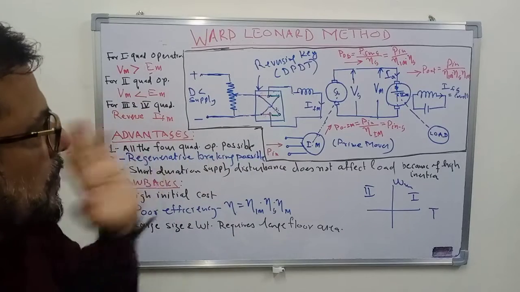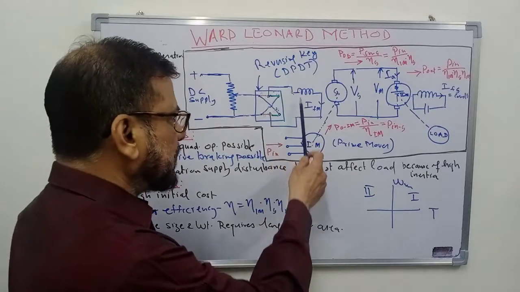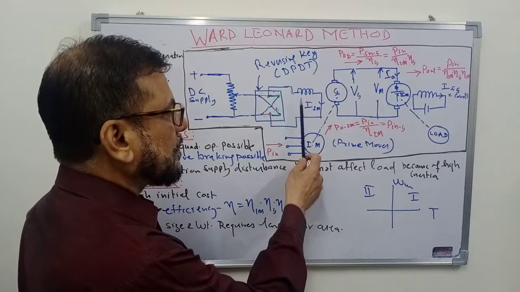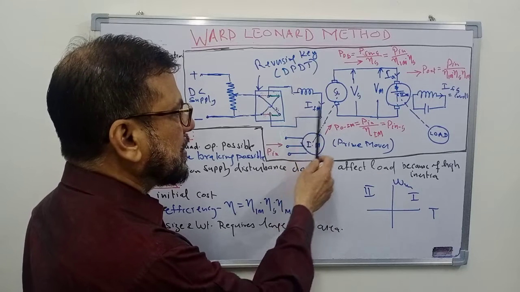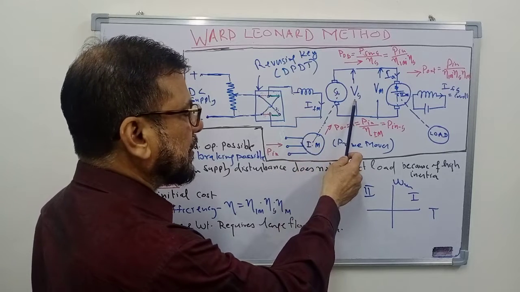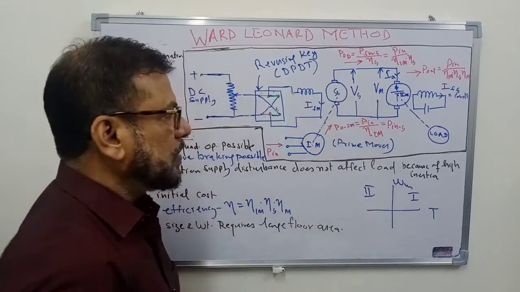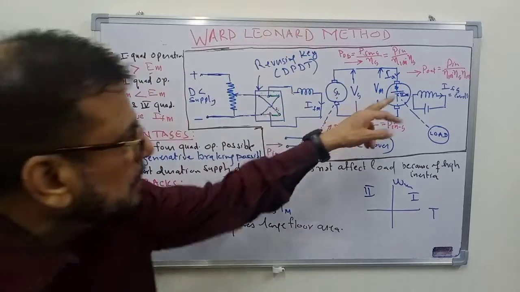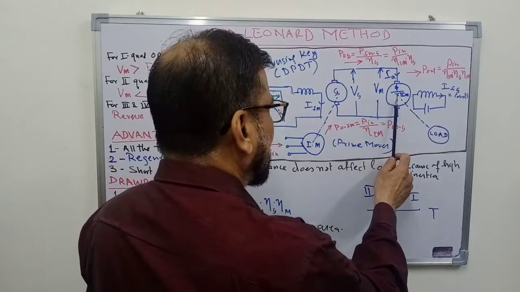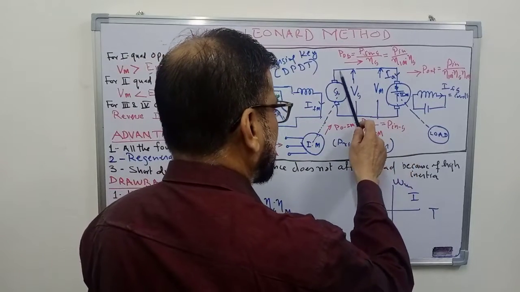So how can we do it? You just reduce the field current here suddenly. Reducing the field current will change the output voltage of the generator. That will change the input voltage of the motor. So VM will become less than EM. As soon as this happens, current starts flowing in the reverse direction.